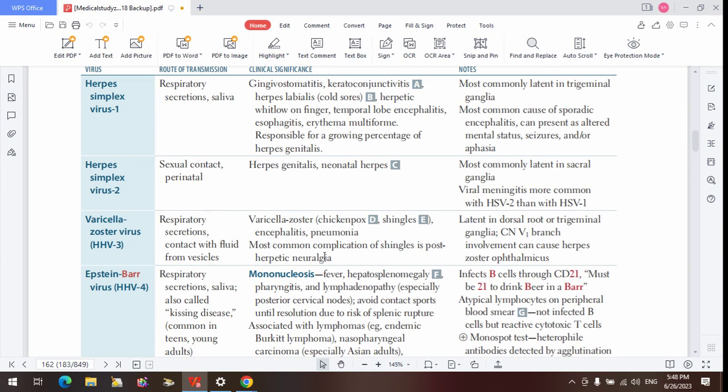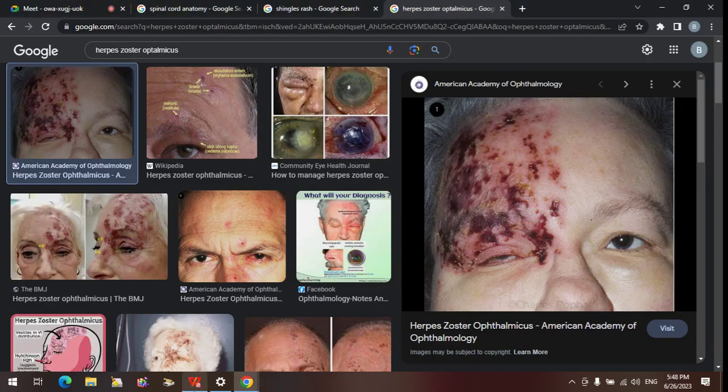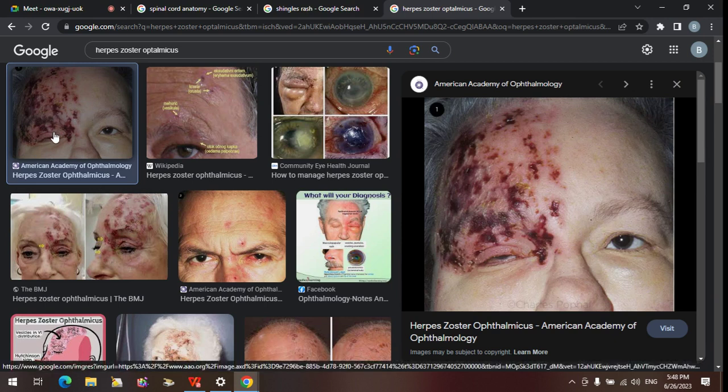Now, what is the complication of shingles? The most common complication of shingles is post-herpetic neuralgia. Sorry guys, before I leave, I said that is the ophthalmic branch, so that's the V1 branch. Please don't forget, the common branch that's affected is the ophthalmic branch, not V2, not V3, V1.